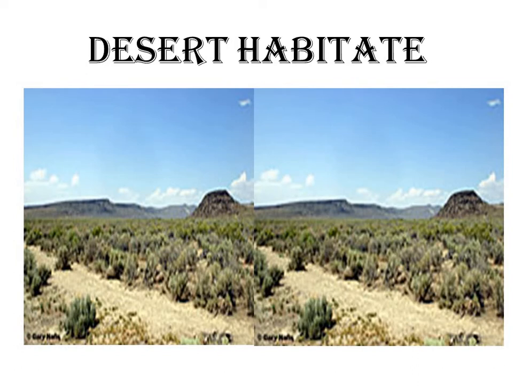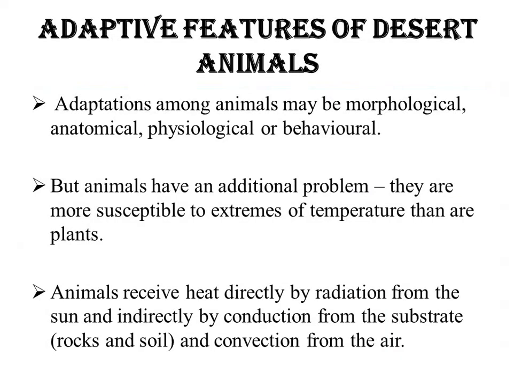The evolution of desert animals has produced a delicate balance between the needs of evaporative cooling and water-based excretion and the need to conserve the water, which is less available in their environment.